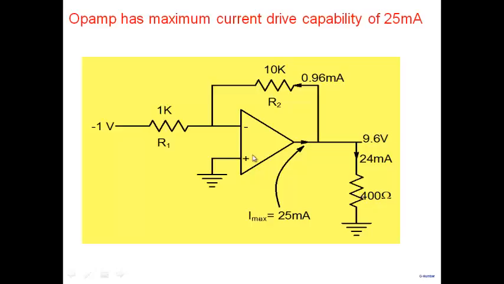Your op amp cannot supply that much. So what would happen? The load is demanding more current, the op amp cannot supply it, so the output voltage drops. It's no longer 10, because the maximum current that can flow into the load is 25 milliamperes. That's what the op amp can supply. So the output voltage will fall.